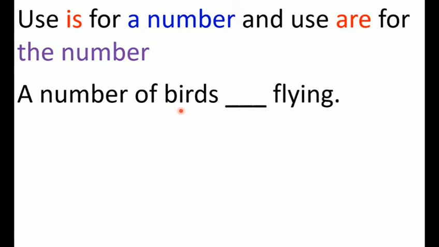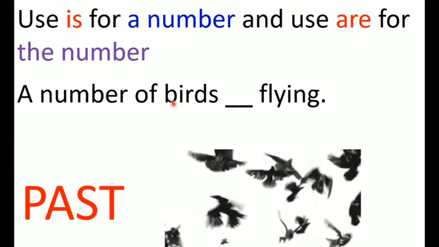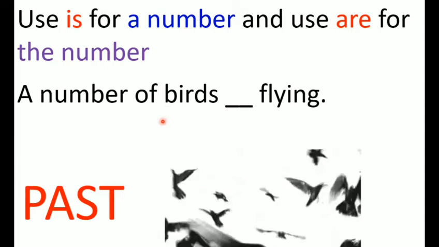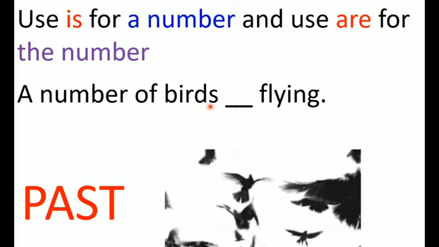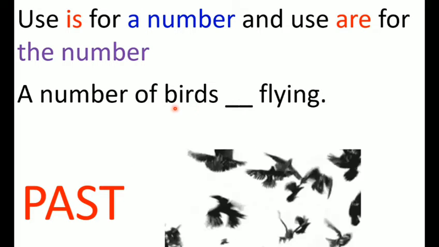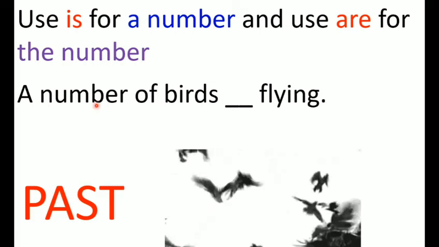Example, a number of birds blank flying. Okay, we have here the phrase a number, and we have here birds. Dito, pwede kayong malito kasi ang ating noun dito ay birds. Pero nag-uumpisa siya rito sa phrase na a number.